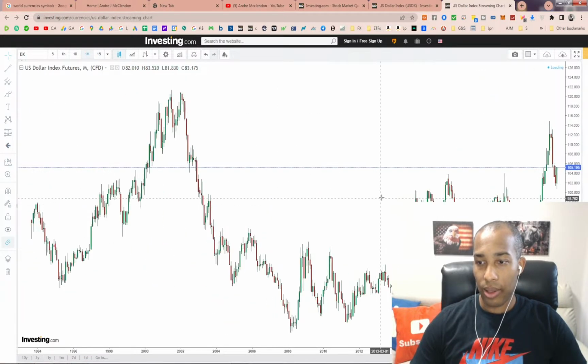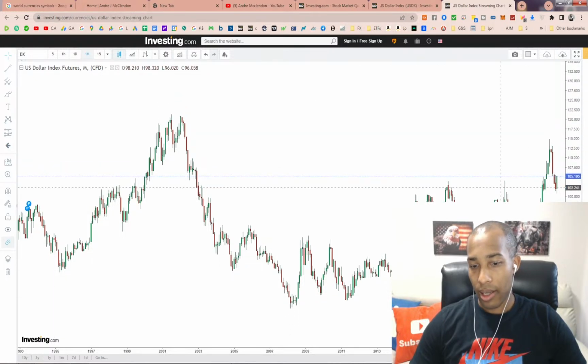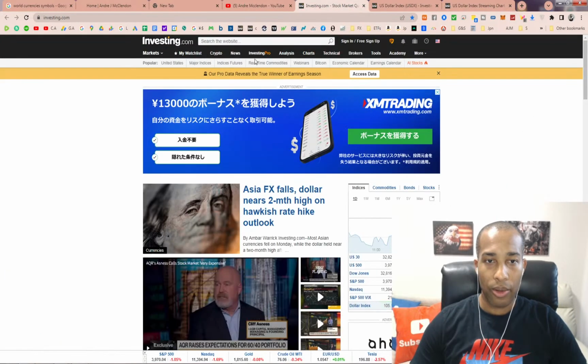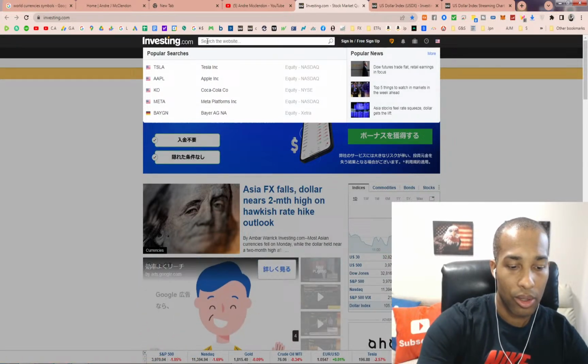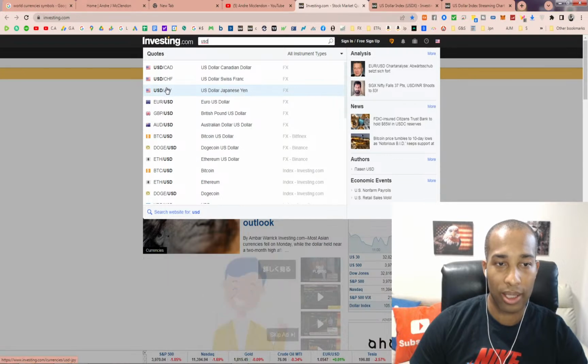Let me get rid of this ad. So if you look at the dollar, this is the dollar index basically. And you can see we've been on a pretty good monthly bull run for the last few years. We had some big corrections, but overall we're a lot higher. So let's check out some other ones like USD JPY. Actually, USD JPY is a good one.